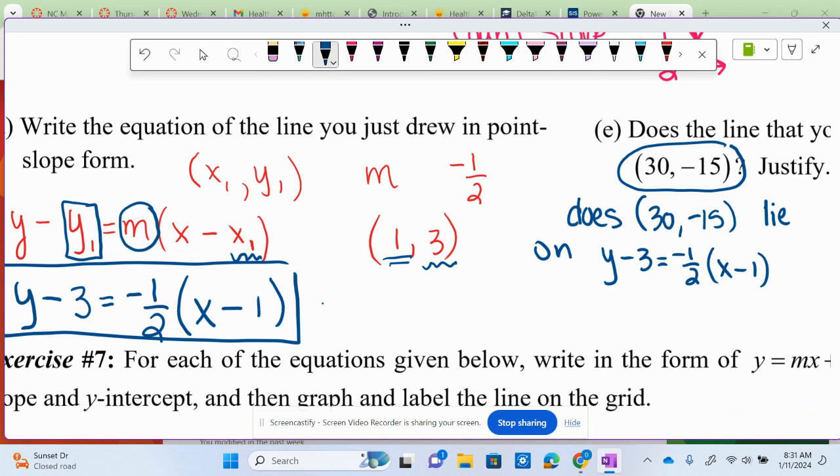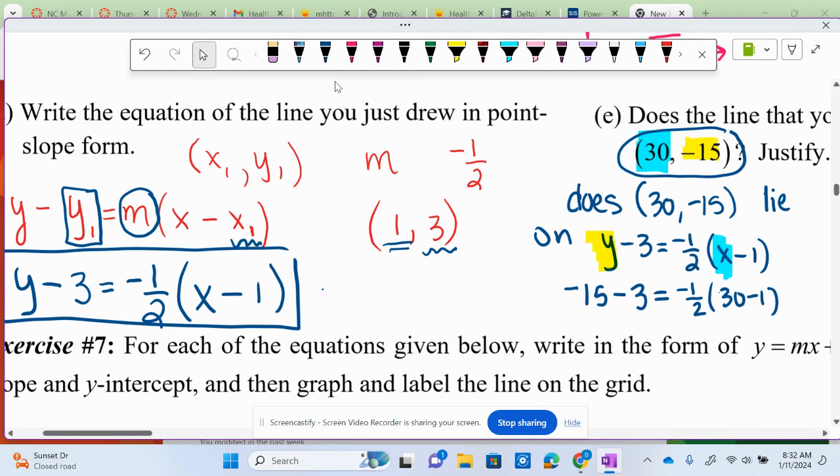So notice that we can take this negative 15 and put it right here where Y is. And we can take this 30 and put it right here where the X is. And we can see if we get a true statement, right? We're just going to plug it in. So let's see. Negative 15 minus 3 equals negative 1/2 times 30 minus 1.